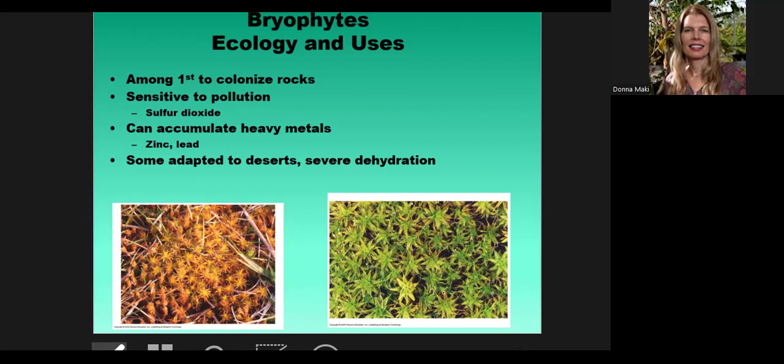They're really studying this one because they want to figure out how it can survive drought so well, and whether we can learn from it to grow agricultural crops, maybe genetically modified to handle drought better, through what we learned from this particular moss.